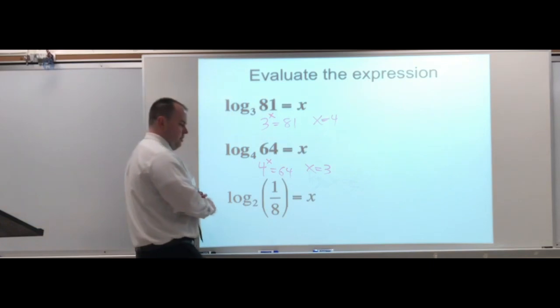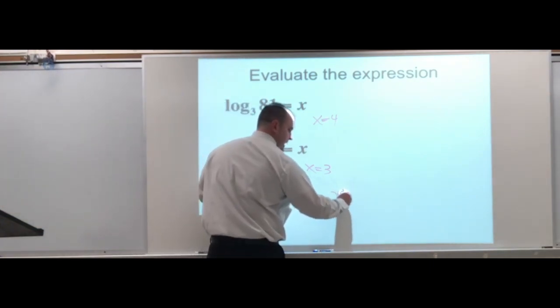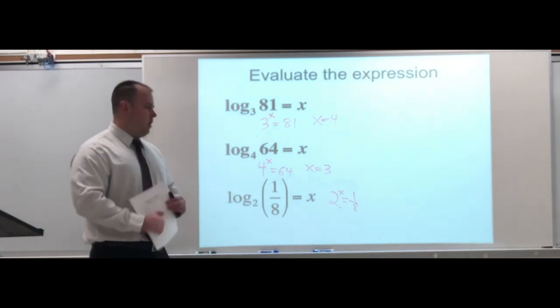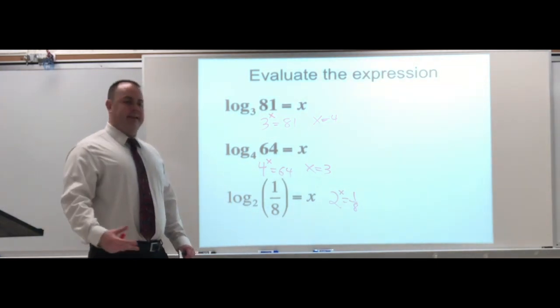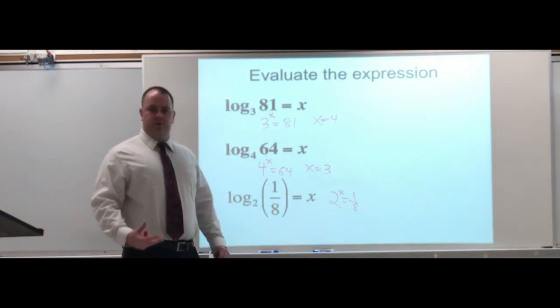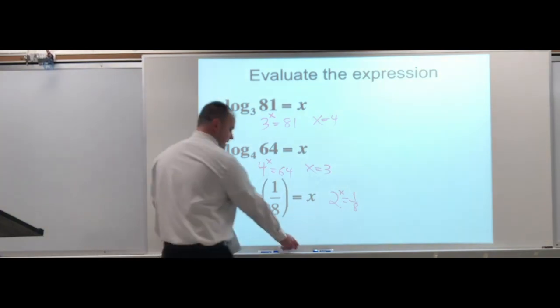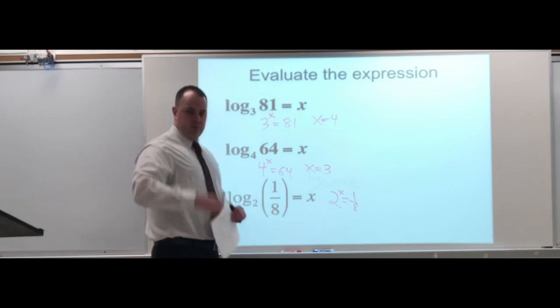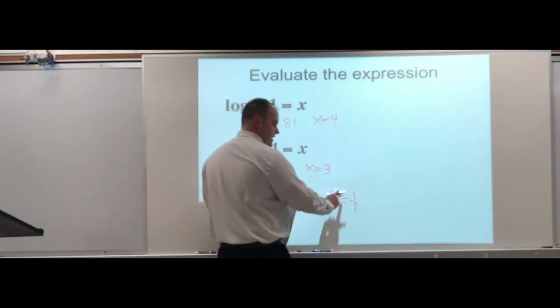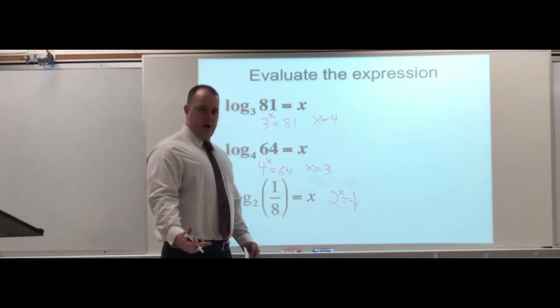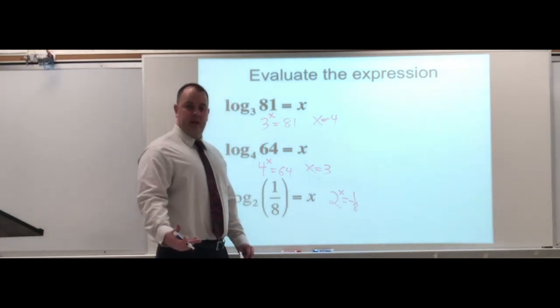Here we have 2 to the x power equals 1 over 8. And you have to think, how can we make that 2 into a 1/8? You need to think about the properties of exponents. When an exponent is negative, that's when it goes below. So we have to think what negative exponent will give me 8. 2 squared is 4, 2 cubed is 8.